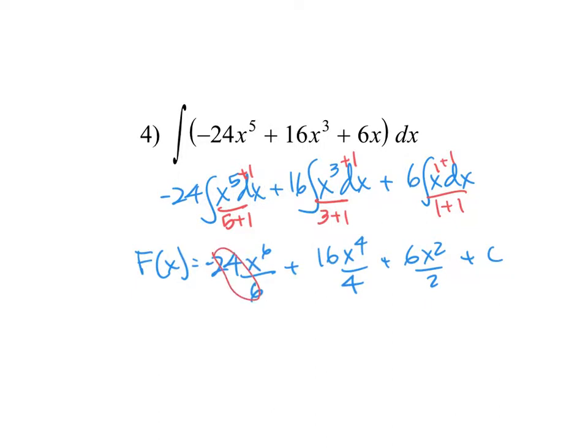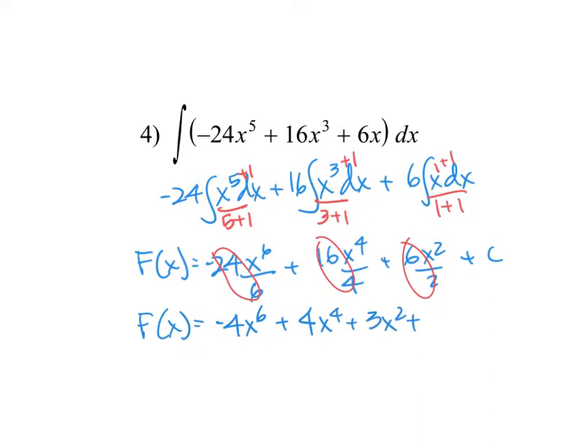That simplifies, this simplifies, and this simplifies. So we end up with negative 24 divided by 6, we get a negative 4x to the 6, plus 16 divided by 4, we get 4x to the 4, plus 6 divided by 2, we get 3x squared plus c.